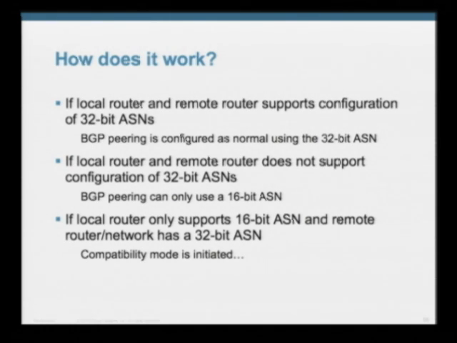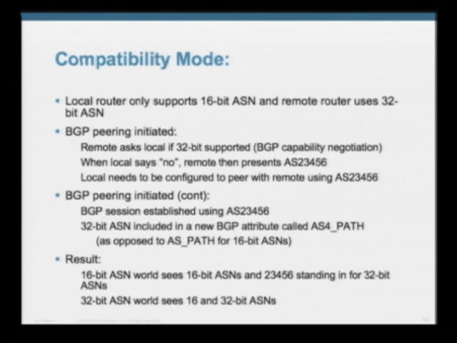If the local router supports 16-bit and the remote router or network has a 32-bit ASN, then we have what's called Compatibility Mode. And it works like this, sort of. So we set up BGP peering. The remote asks the local if 32-bit is supported, so that's the BGP capability negotiation I talked about. The local will say, no, go away, don't know what you're talking about.